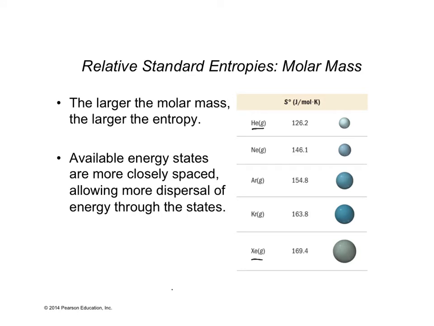So as we go from top to bottom, what happens to molar mass, our size? Increases, right? What do we see happen to the entropy values of these guys as we go from top to bottom? Increases as well, okay? So if molar mass increases, the larger the thing tends to be, the more entropy the thing has, okay? All right, so that's molar mass.